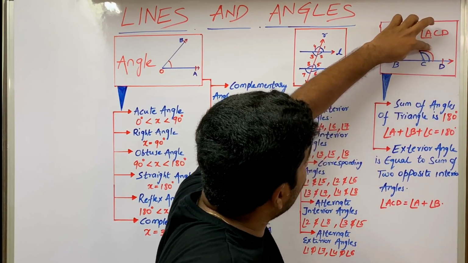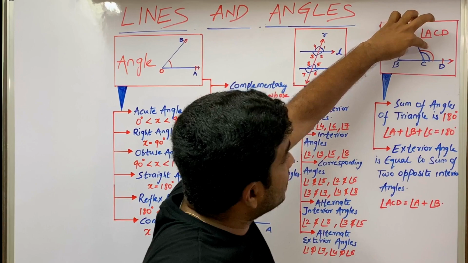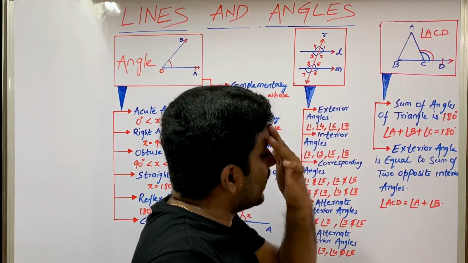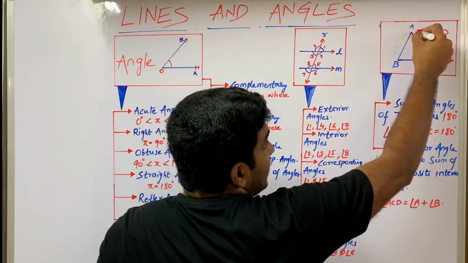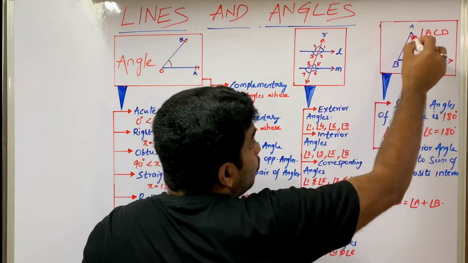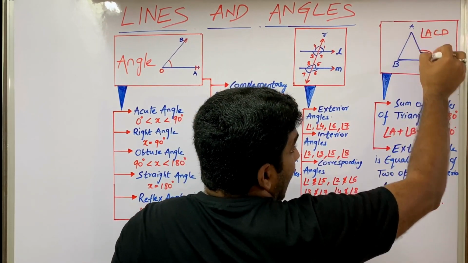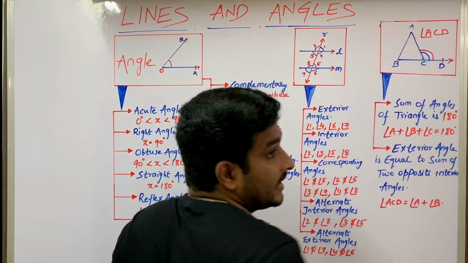Exterior angle is equal to the sum of the two opposite interior angles. We have a proof for that. Simply it says angle ACD equals angle A plus angle B. Angle ACD equals the sum of the two opposite interior angles.